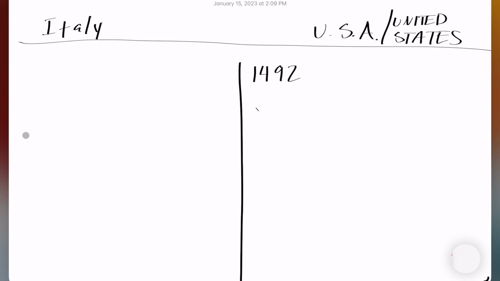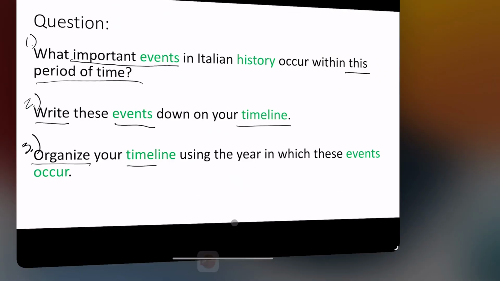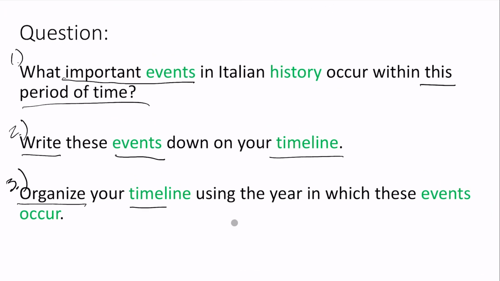All right, everyone, welcome back. So through the magic of television and radio, we have finished our timelines. We have written in a couple of different pieces of information. All right, we've done it to the best of our ability, but don't worry.